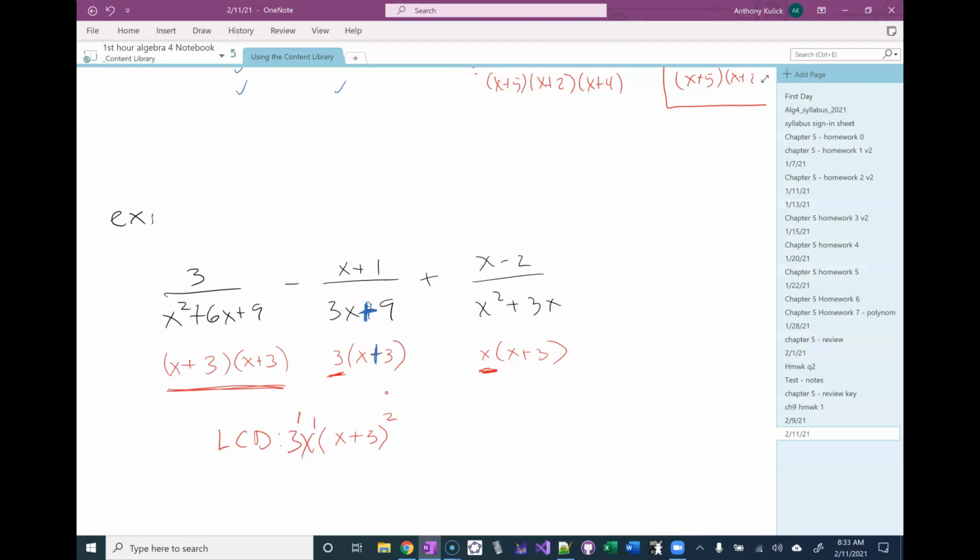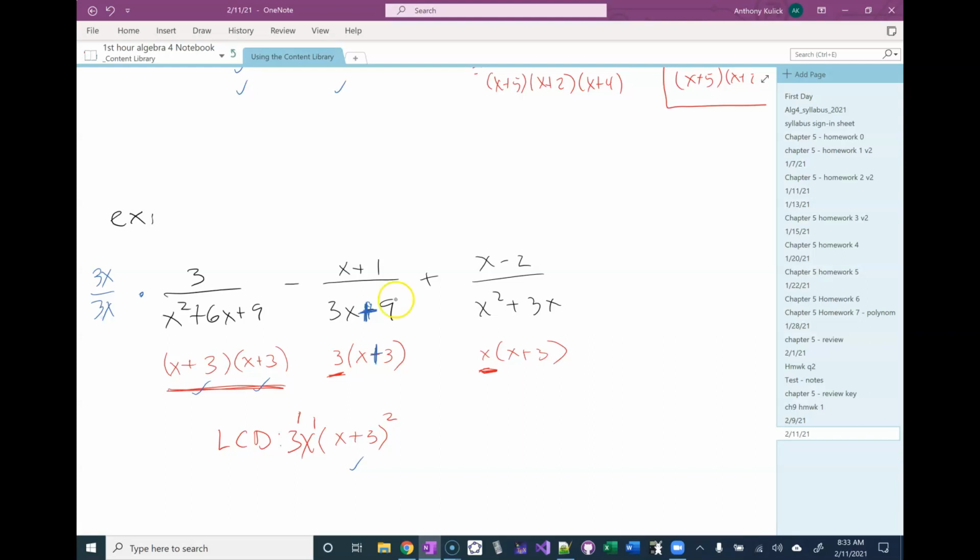Everybody happy there? Okay. So if I look at my first fraction, I have 2 x plus 3s. I'm missing the 3x though. So far, so good.